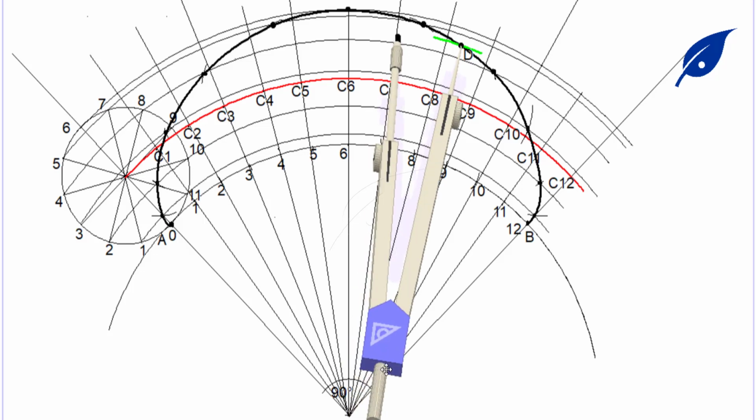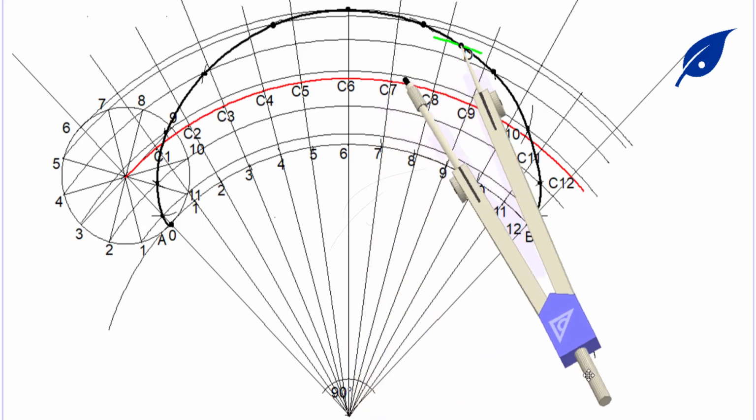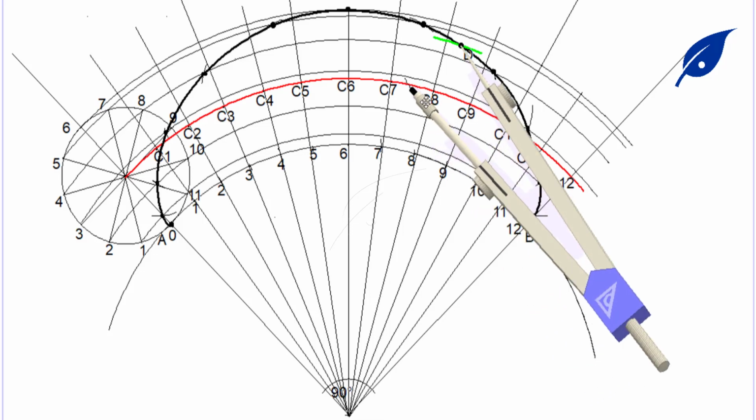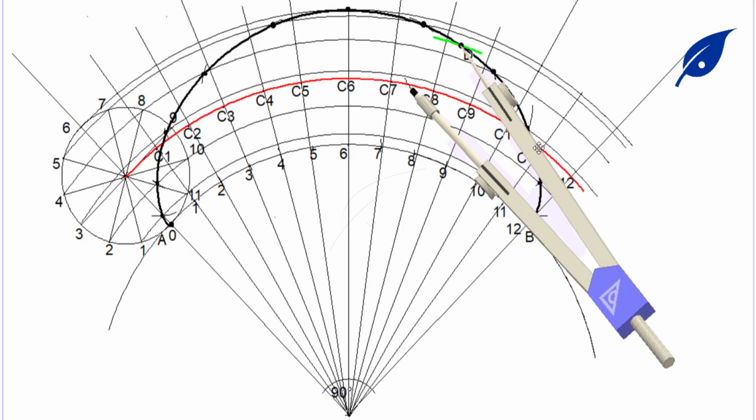Now I'm going to pick the radius of 20 millimeters to mark the path of the center, that's the path for C1, C2 up to C12. On that line we're going to mark with the radius of 20 millimeters.